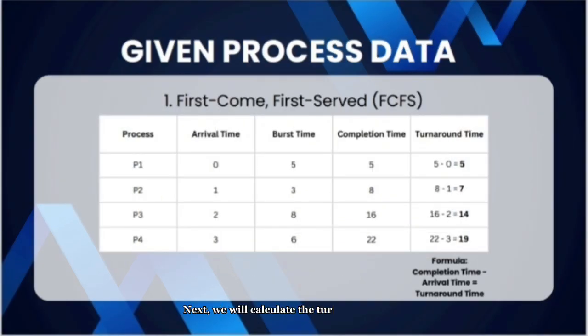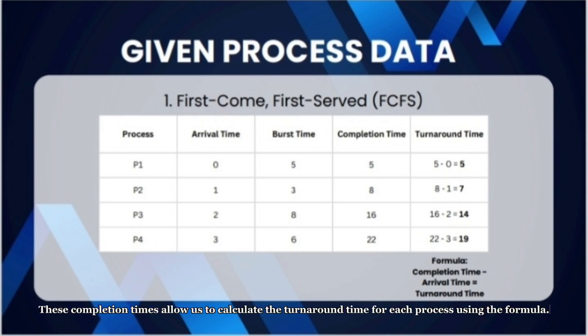Next, we'll calculate the turnaround time. You can find the formula at the bottom of the turnaround time column. That's what we'll use to determine each process's turnaround time. These completion times allow us to calculate the turnaround time for each process using the formula: completion time minus arrival time equals turnaround time.